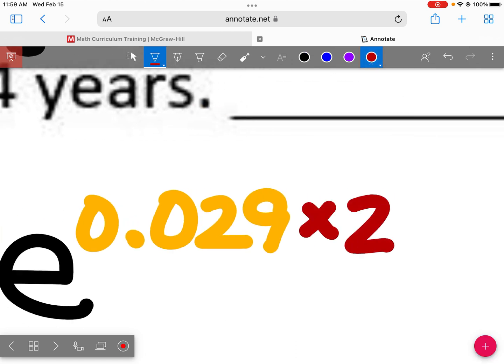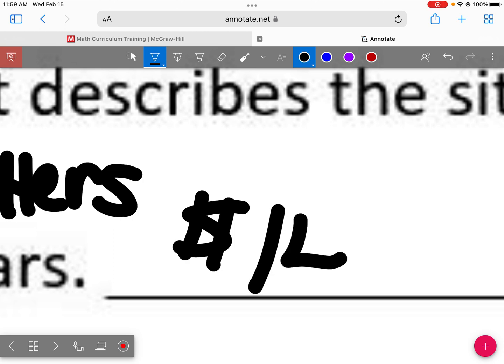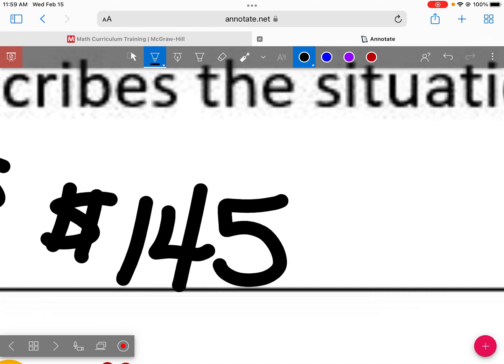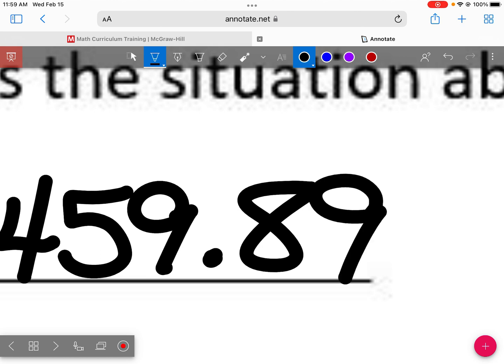Remember, that has to be in the exponent. What do you get when you put that in the calculator? 1,459.89.